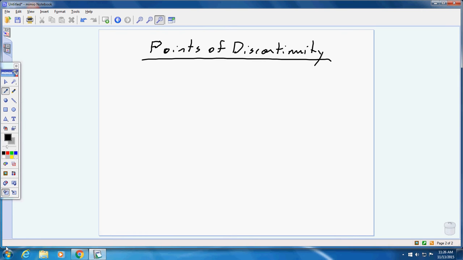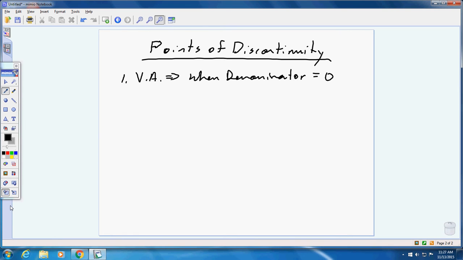We get vertical asymptotes when the denominator equals what? What does the denominator have to equal to get a vertical asymptote? 0. Yes, when the denominator equals 0. So that's one example of a point of discontinuity.